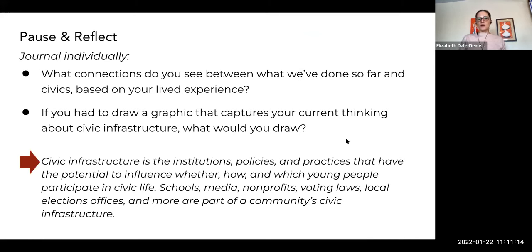If you had to draw a graphic that captures your current thinking about this, what would you draw? So two tasks, don't overthink, this is just giving you a way to put some thoughts on paper. First question, what connections do you see between what we've done so far and civics? And if you had to draw a graphic of the definition that you see below, what would you draw?